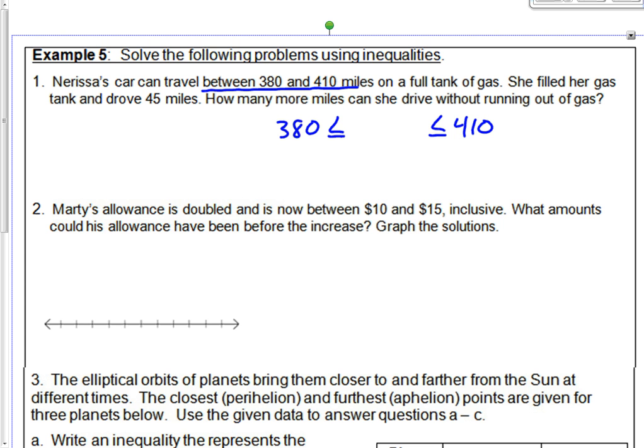So mileage is somewhere in between there. And she's already driven 45 miles. There's your inequality. So now we figure out how much further can she go. All we do is we solve it. Just subtract 45 from each. So pretty straightforward in how this stuff works.